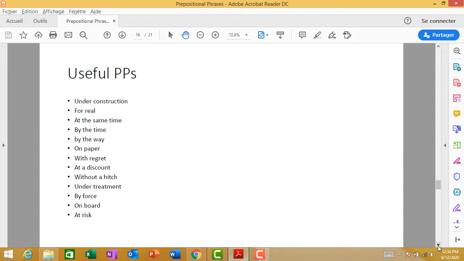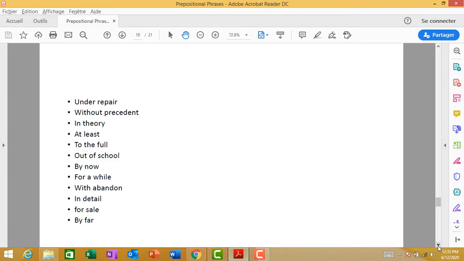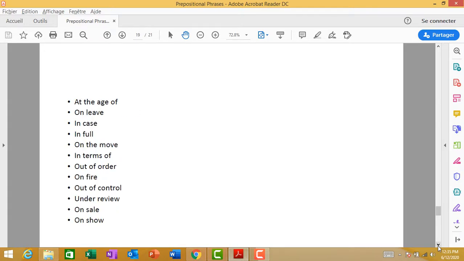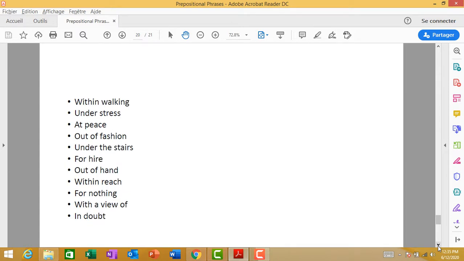It's going to be an interesting thing for you to just go around them and use them in sentences. Try to make the sentences come alive. Make your sentences more vivid. All right, so you have this first column of prepositional phrases, the second one, and then you have this one and this last one.